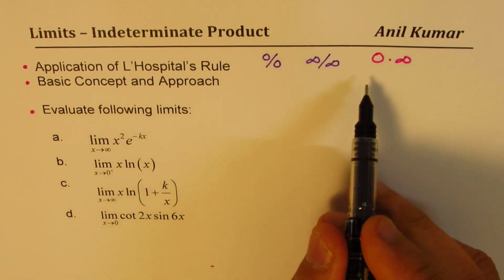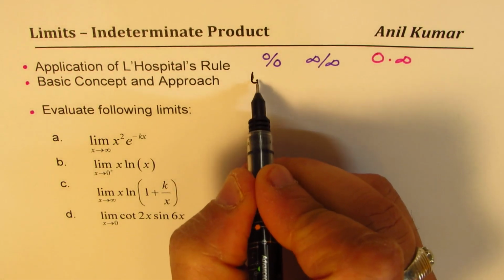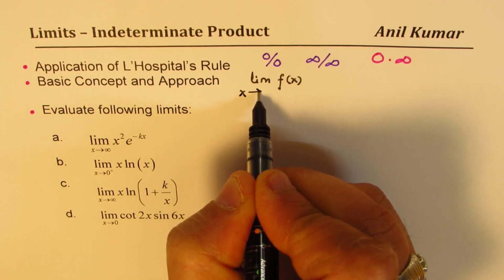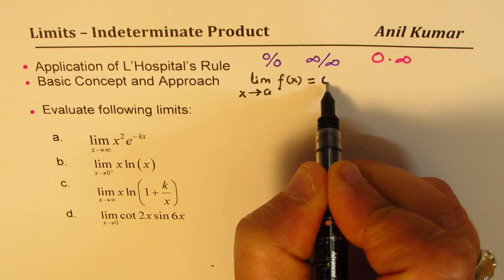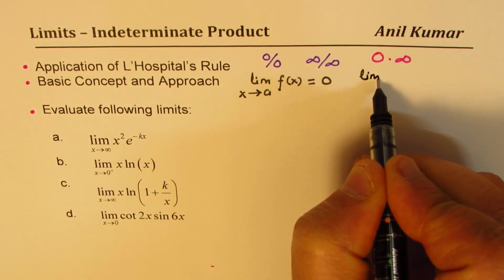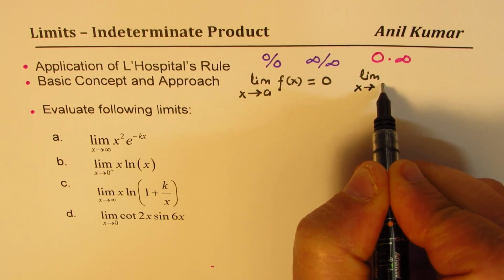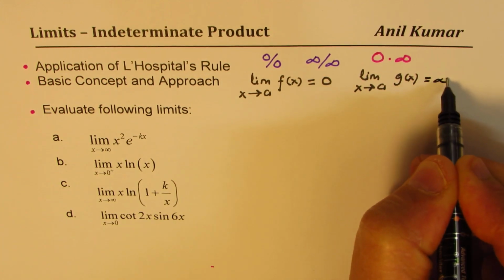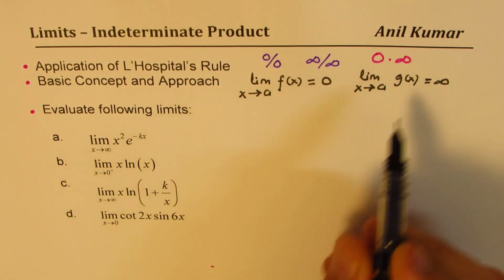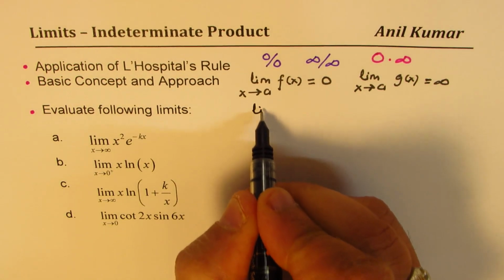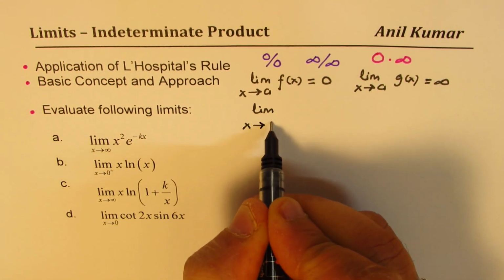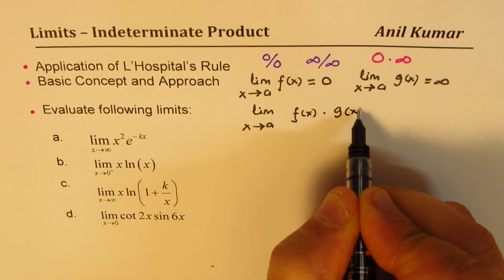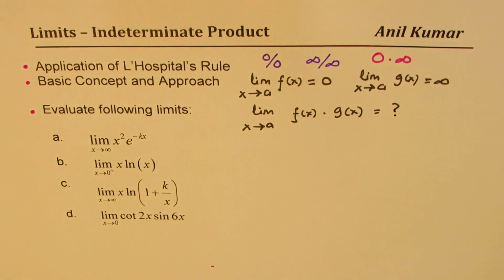I really mean that if we have two functions, let's say we're trying to find the limit of the function f of x as x approaches a, and let's say this is 0, and if there is another function g of x and we're trying to find the limit as x approaches a for g of x, and that is equal to infinity, for example, in that case, what is the limit when x is approaching a for f of x times g of x?